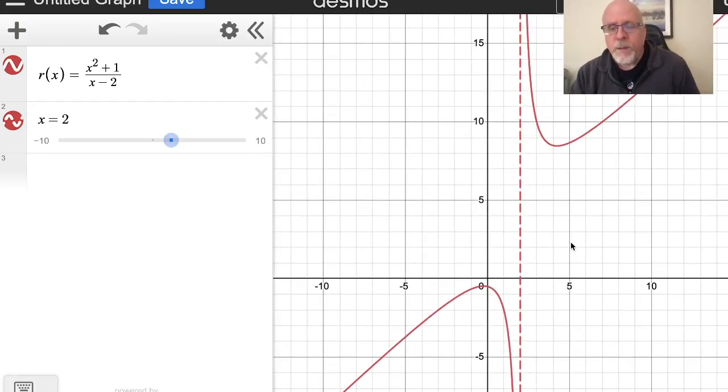A lot of rational functions have such things in them, and they often represent physical quantities that have this sort of behavior. Like, you may have heard that it's impossible to go the speed of light. You can't get there. If you wanted to keep accelerating, getting closer and closer to the speed of light, you'd have a graph like this that represented your energy. Actually, it would be the upside down of this.